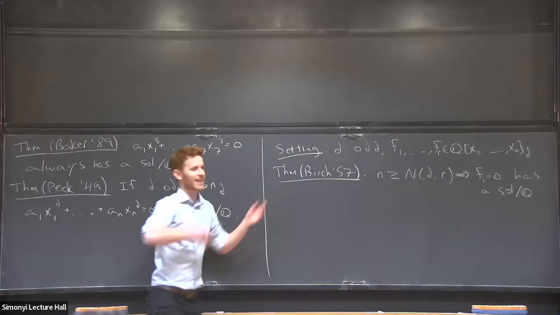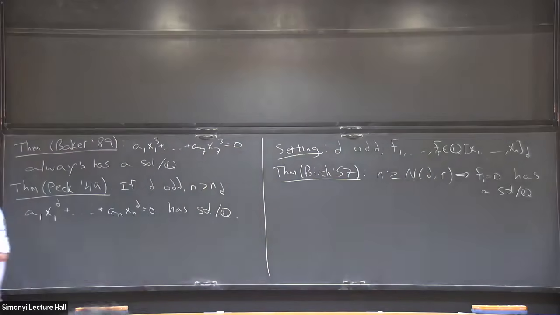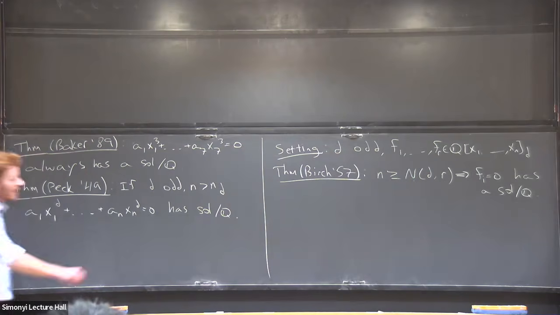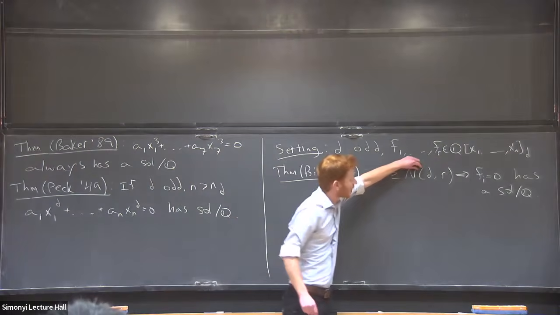And so you get that the dimension of the solution set is at least 1. But I'm not sure that argument appeared at the time implicitly or explicitly anyway.